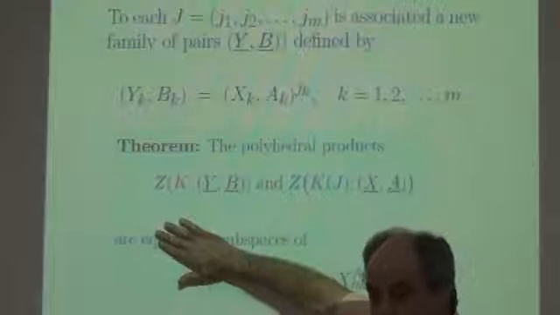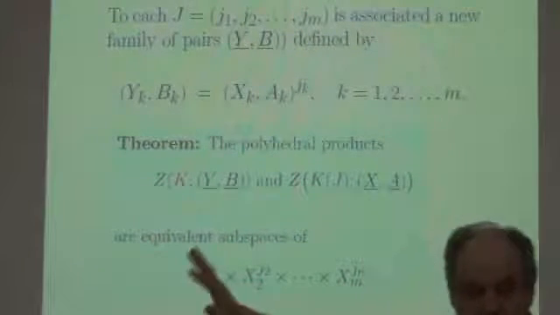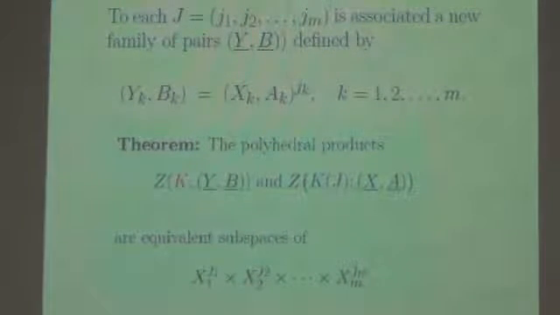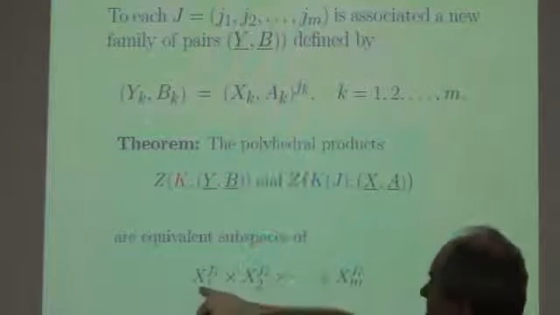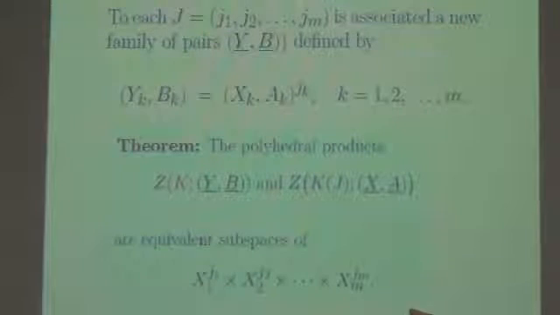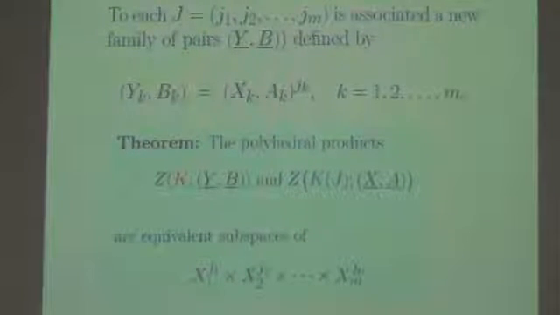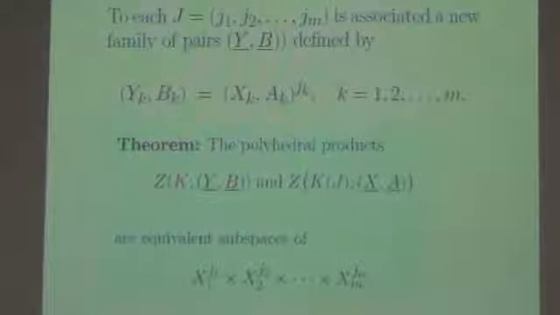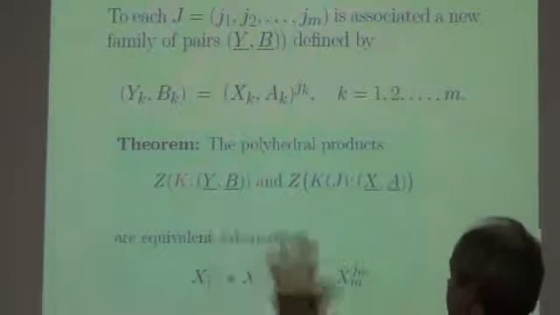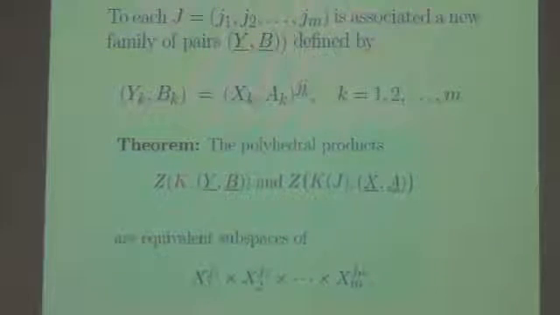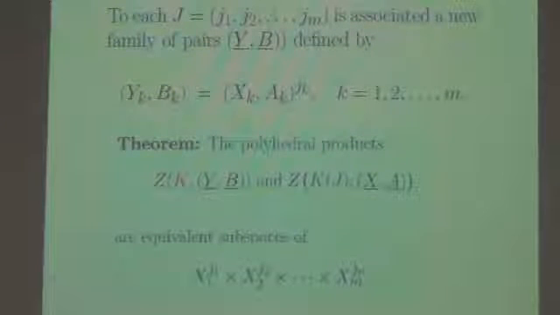They are equal. No diffeomorphism, no homeomorphism, equal. This equals this as subspaces of this very big Cartesian product. That is this particular application. That's not the only property of this K of J, but it's the property which is important for me today.